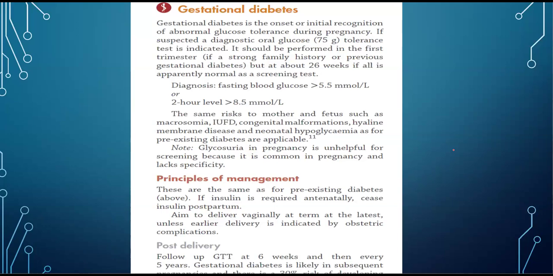If you suspect it, maybe because a random blood sugar is very high, the only way to confirm it is to do a diagnostic OGTT, which is the oral glucose tolerance test.